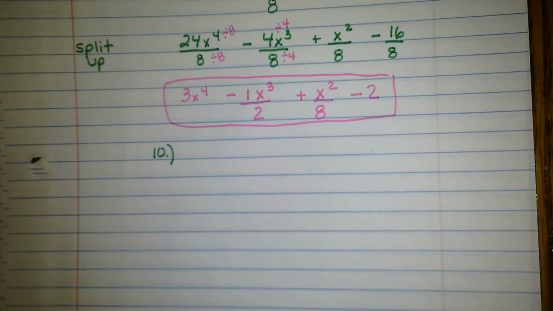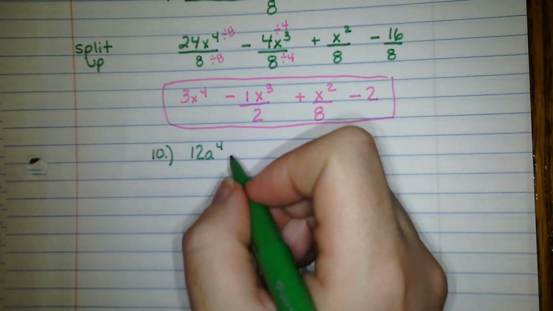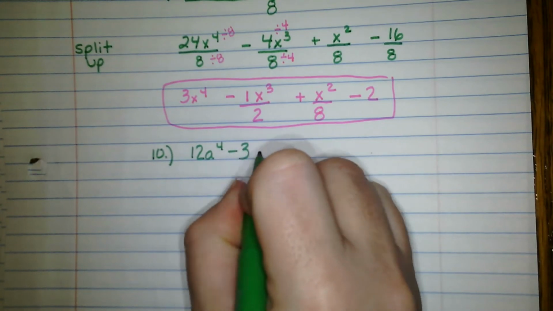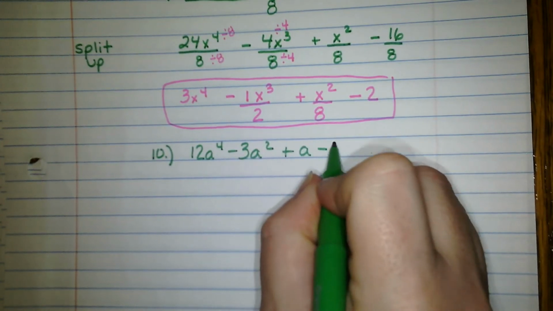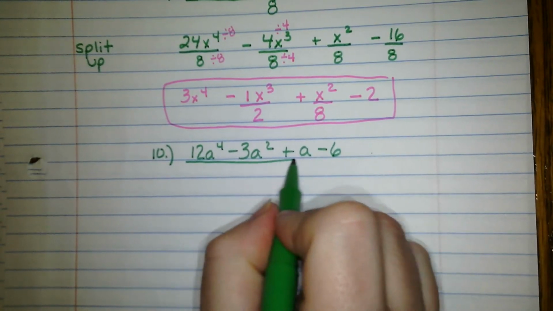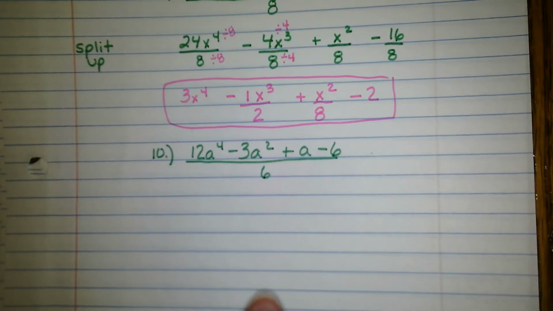Number 10 is 12a to the 4th minus 3a squared plus a minus 6 all over 6. So your job is to pause this right now, try the problem, and then see how you did. I'll be with you in a second.